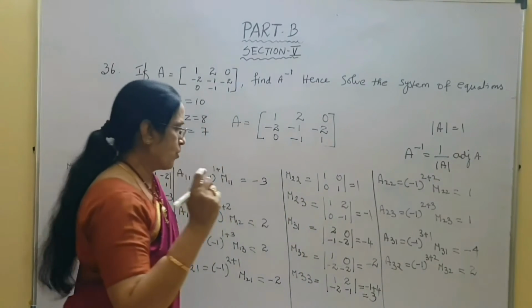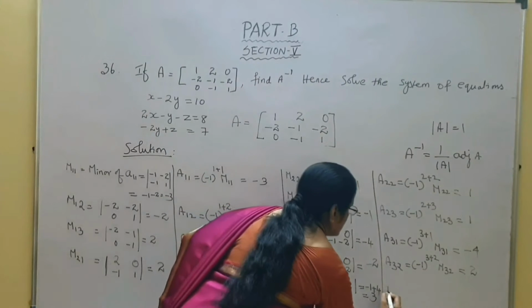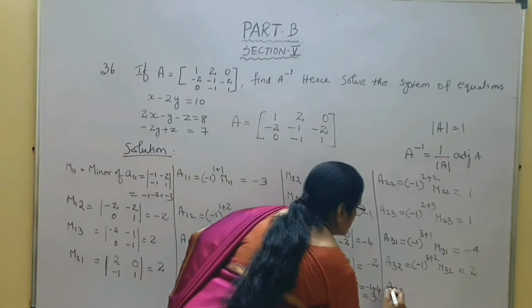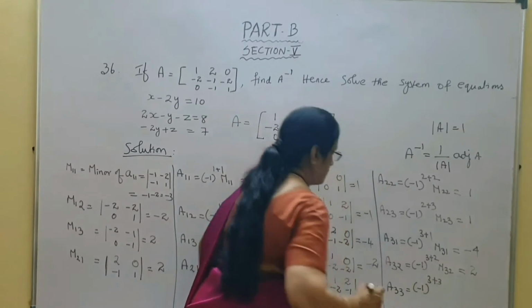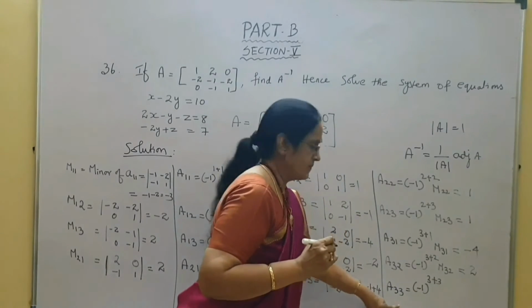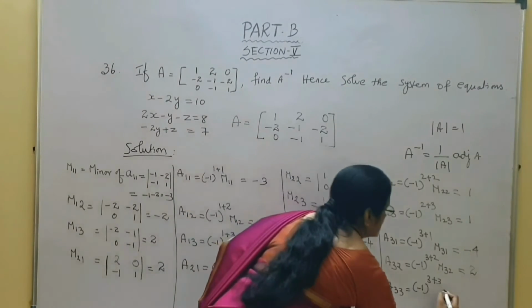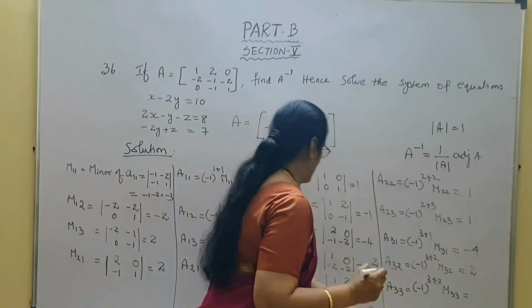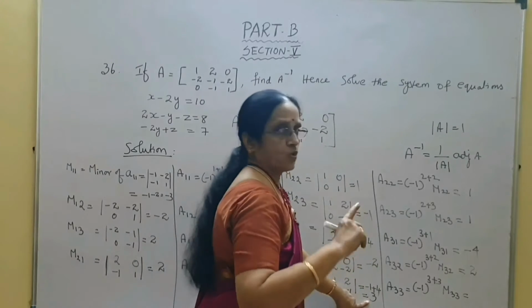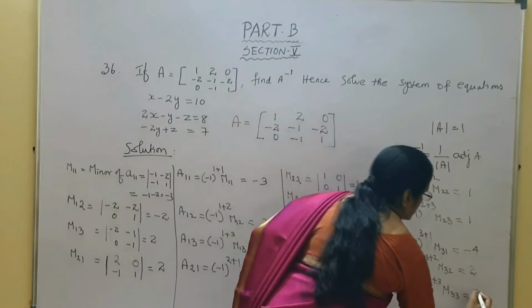So the corresponding cofactor A33 is going to be minus 1 to the power 3 plus 3, because both i and j are 3 over here, into M33. This is going to be plus 1 and here M33 is 3. So 1 into 3, which is going to be 3.